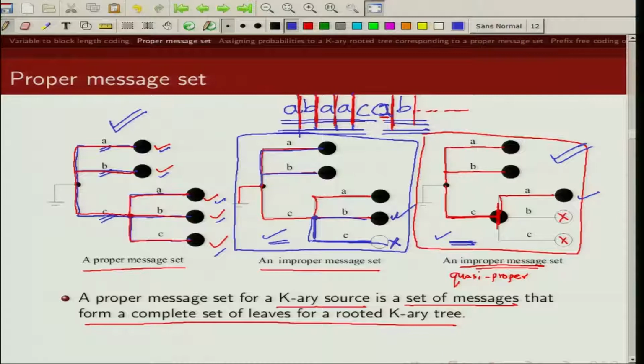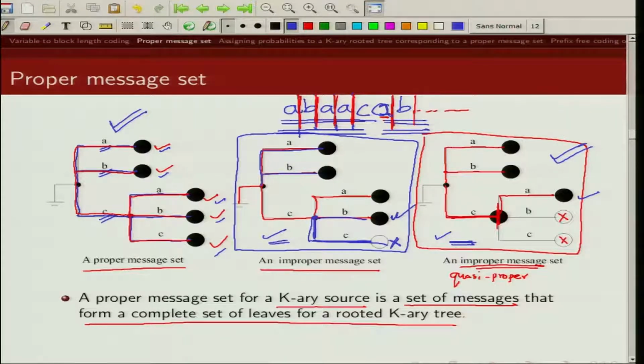What is the difference between this proper message set and this quasi proper message set? Both the proper message set and the quasi proper message set can parse all possible input sequences. We have seen that if you give a ternary input sequence, it can parse a ternary input sequence. What is the difference?